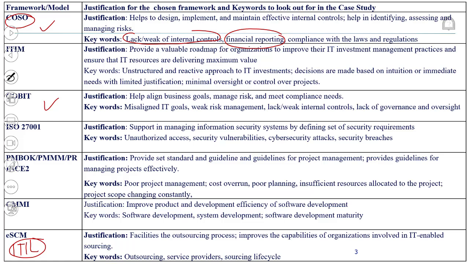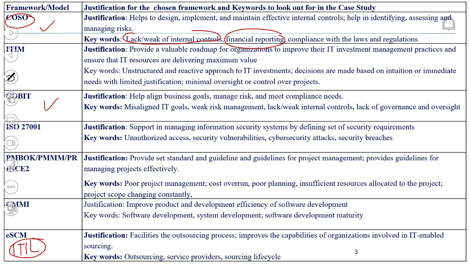And COBIT is quite comprehensive as well. It's like an umbrella framework, so you can embed other frameworks within COBIT.